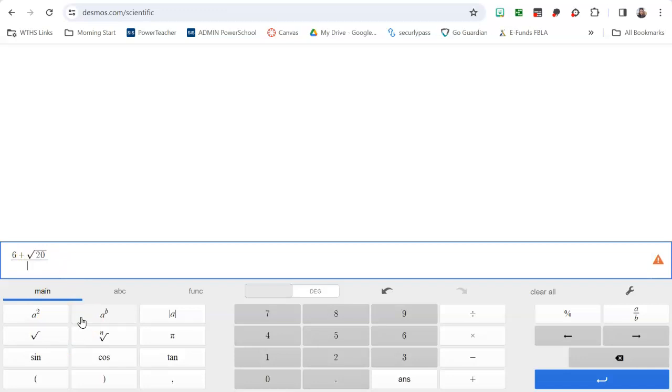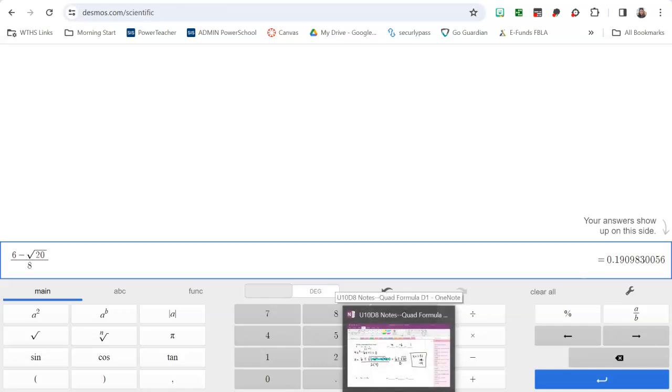And then just move the down arrow to get 8. And notice again, it just kind of evaluates that for you right away. One of the nice things about this, okay, there's that 1.31 we had, is that all you have to do is go back and click and change it to a minus. You don't have to type everything back in like you do with the calculator, and then that will give you your second answer. So this is an option if you want to use Desmos. You might find it faster.